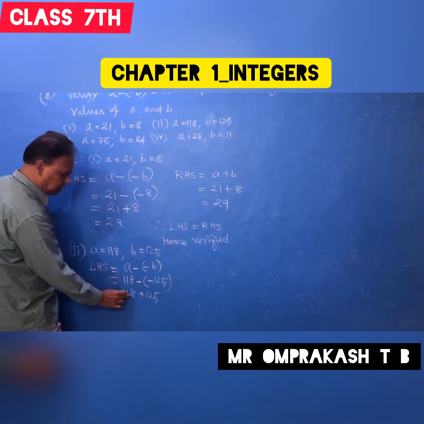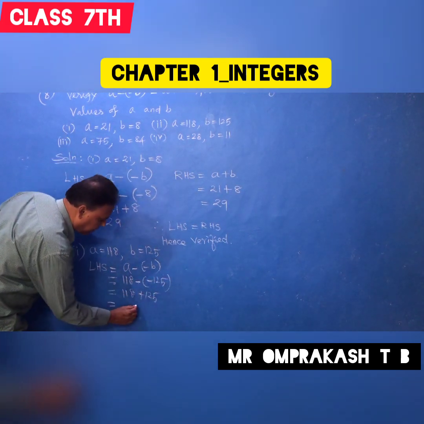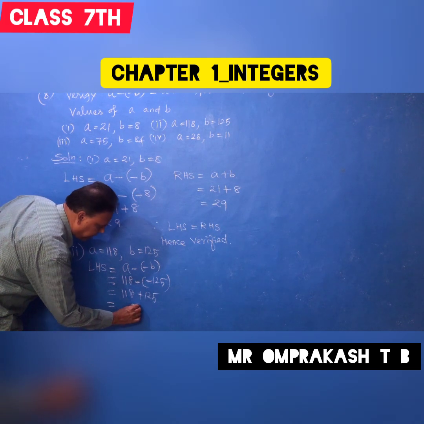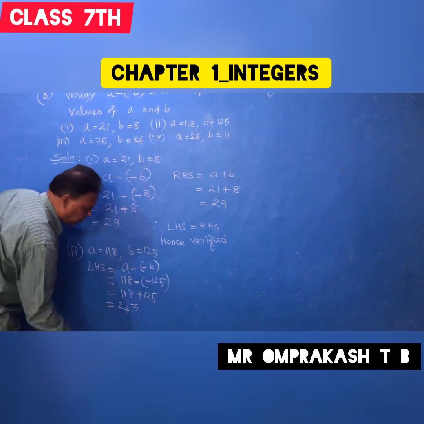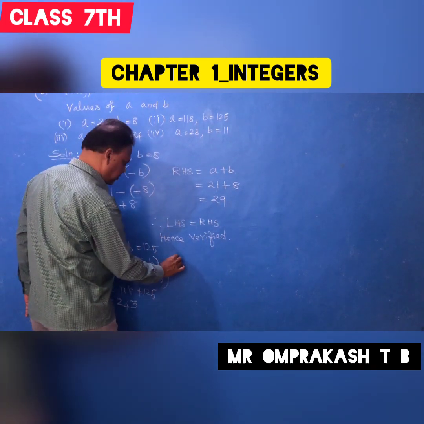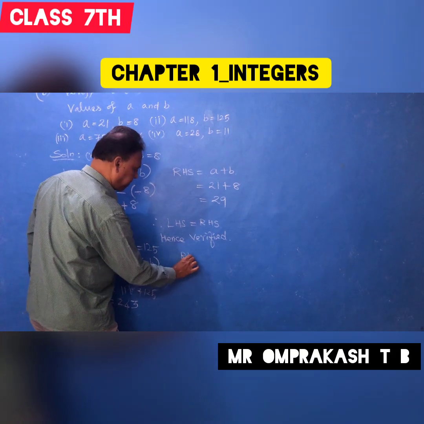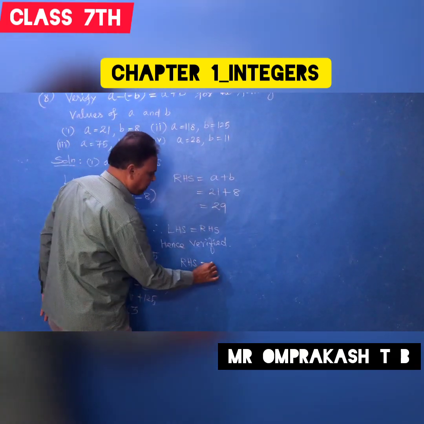So what is 118 plus 125? 13, carry 1, 3 means 4, then 243, right? 243. Same way right hand side too. Right hand side, a plus b is there.